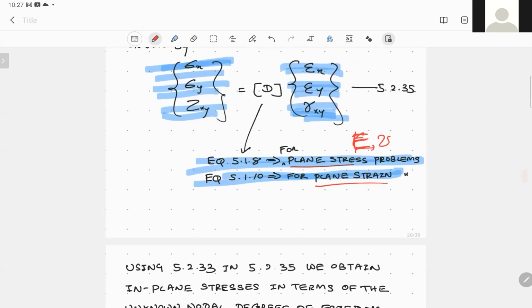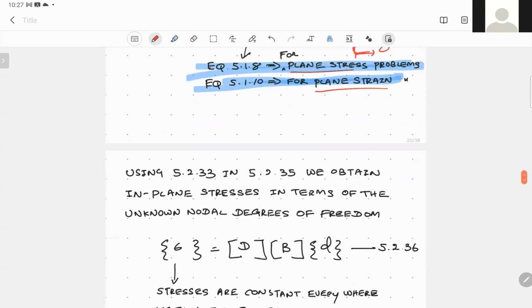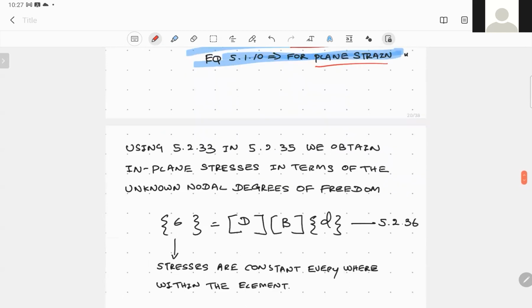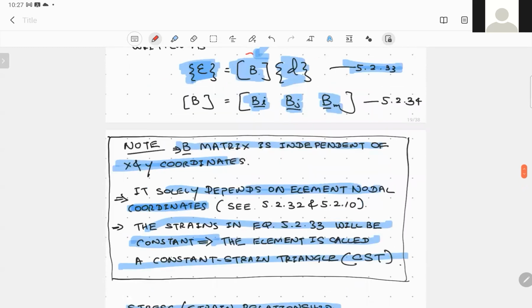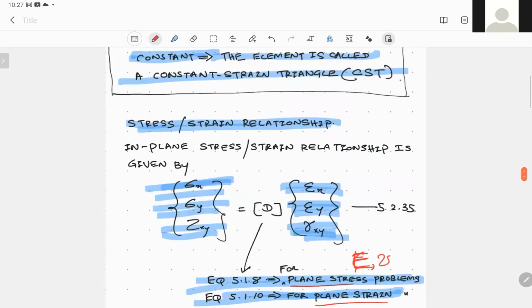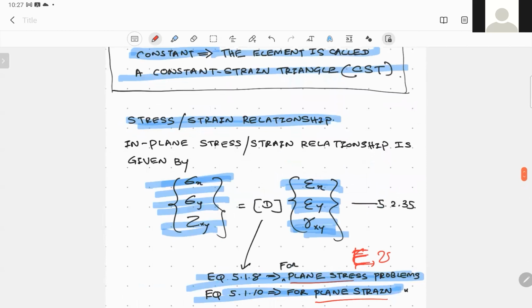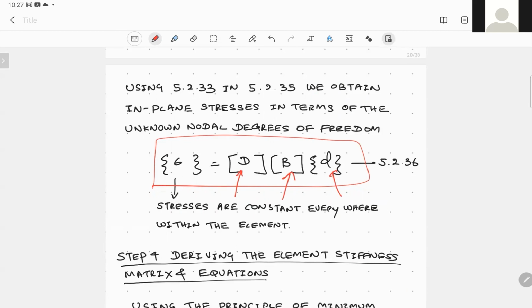Since the epsilon matrix can be written using the B matrix and the displacement matrix, we can write the stiffness matrix to be equal to the D matrix times the B matrix, the constitutive matrix and the B matrix, which is nothing but a set of constants based on nodal coordinates, and of course the displacement function within the element.